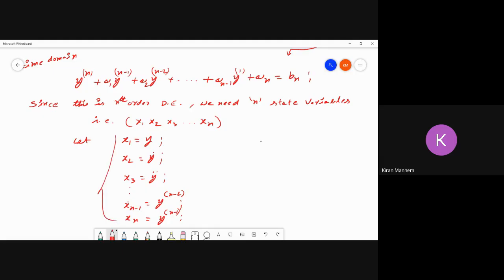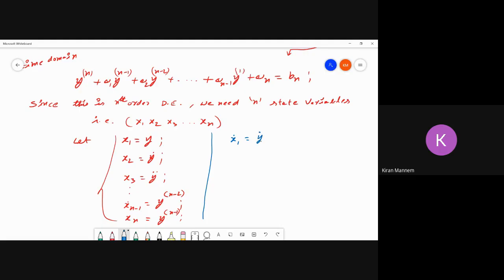Now what we need is x1 dot, x2 dot, up to xn dot to represent the state model. So here I'll write x dot 1 is equal to, take the differentiation of this, so it should be y dot.